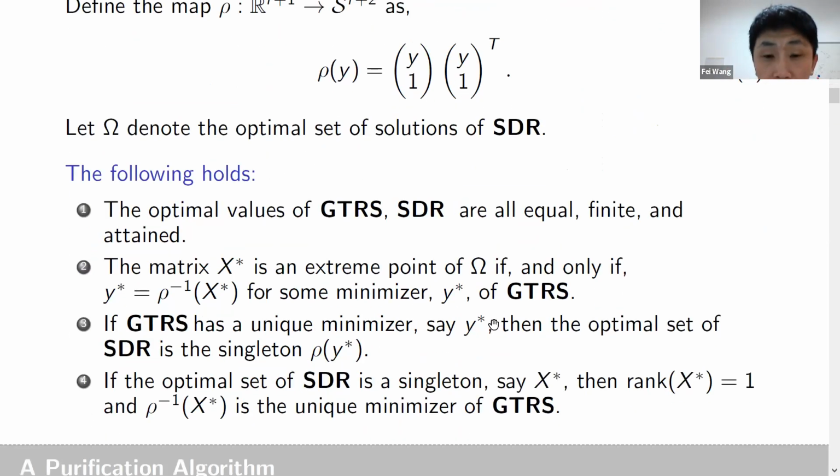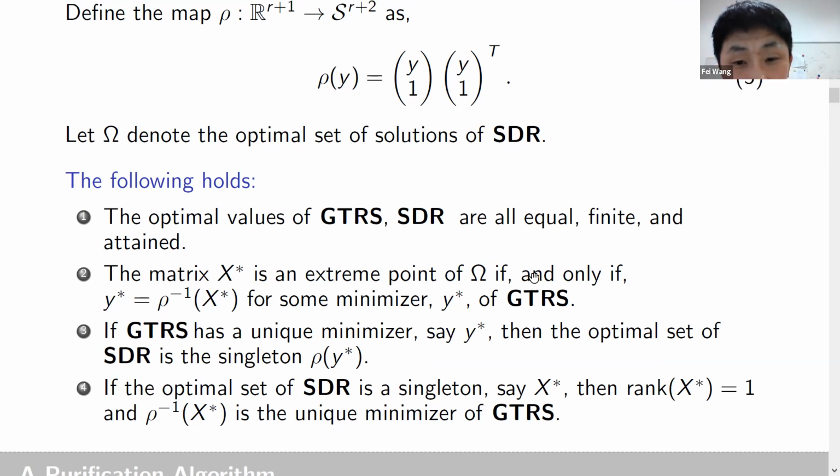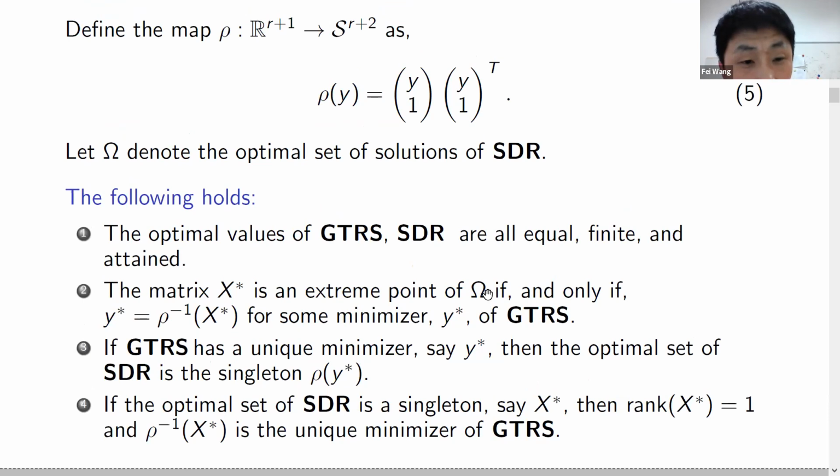So that said, if we have found an extreme point, if we have a rank 1 solution, if we can find an extreme point of omega, then immediately we can find a minimizer of the GTRS problem. If we cannot find an extreme point, we need some approach to reduce it to an extreme point.